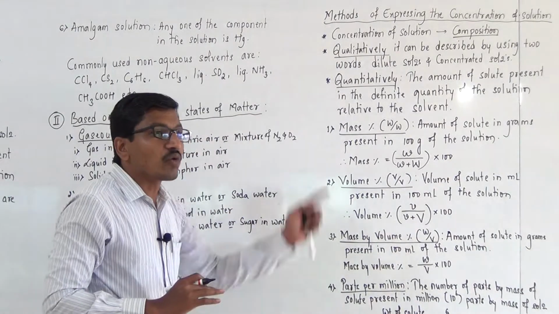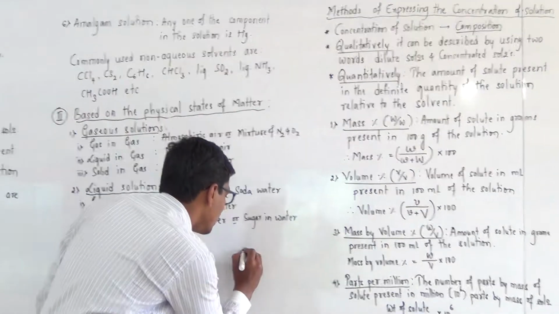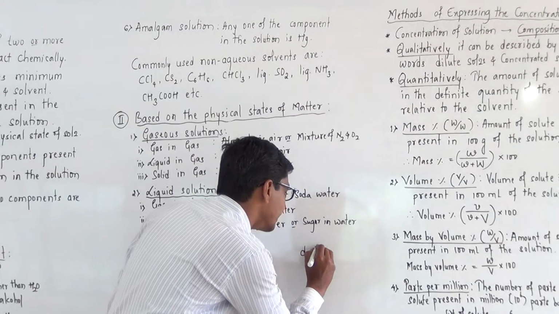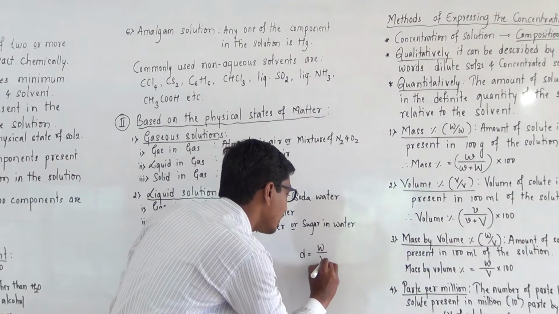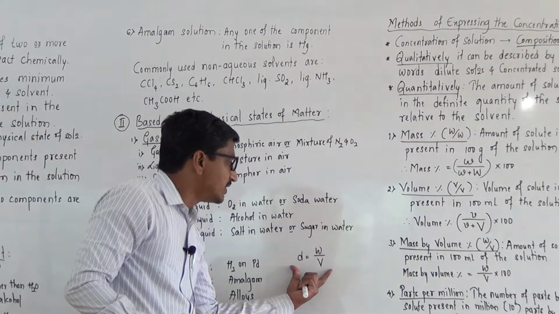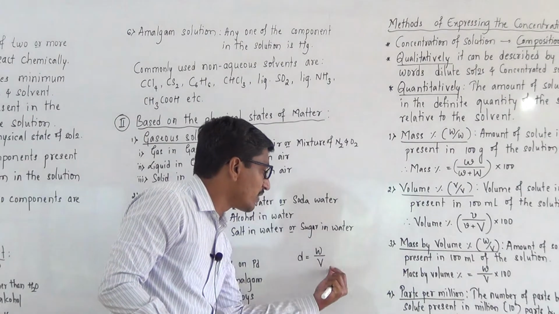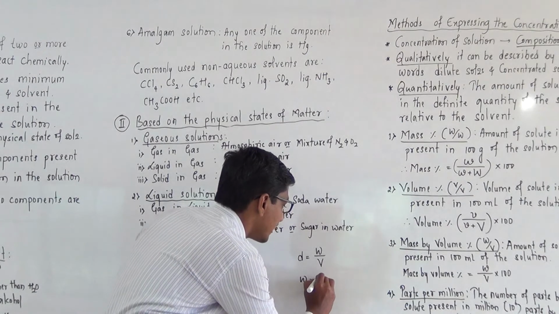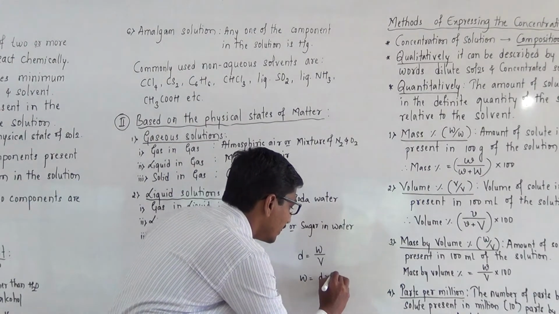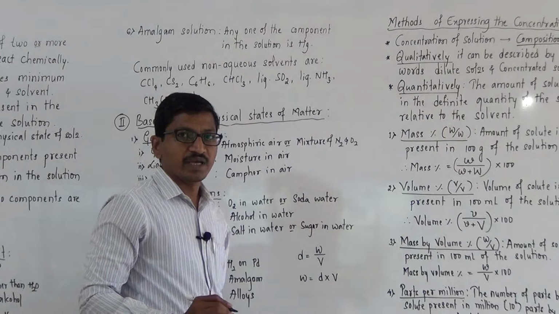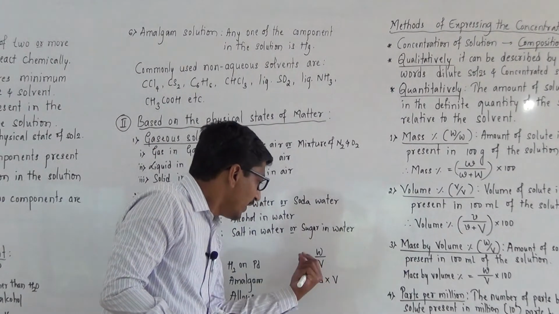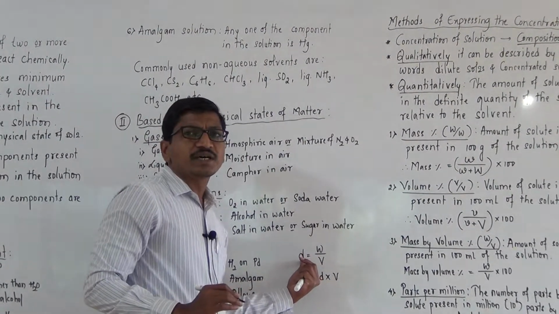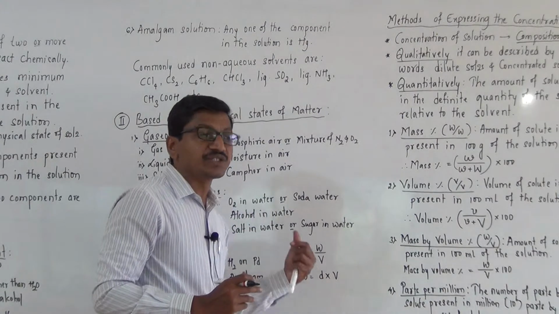The strength or weight of the solution is calculated using the formula for density. Density is nothing but weight by volume. By using this relation, the weight of the solution is calculated as density into volume, and the unit of density is gram per ml or gram per cm cube.